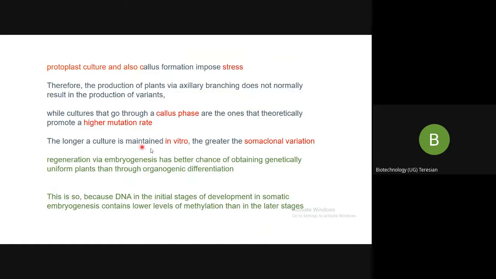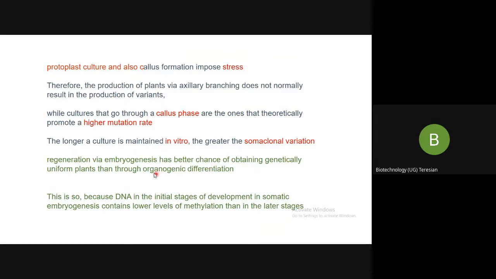The longer a culture is maintained in vitro, the greater is the somaclonal variation. If you are simply keeping the culture and growing multiple cycles, it will ultimately lead to somaclonal variation. Okay, genomic instability is being caused there.